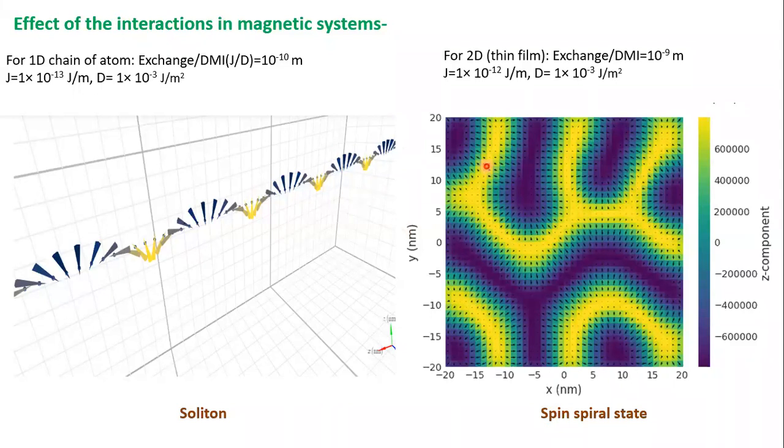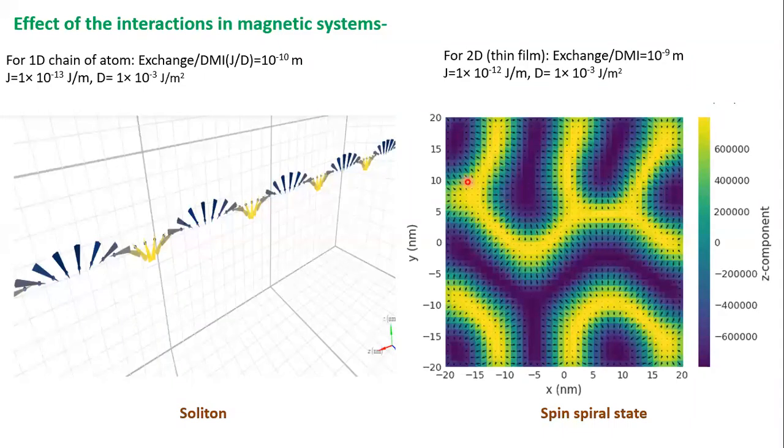Now you come to the 2D case. This is the 2D case of this one. Now if you move across any direction in the thin film, you will see that the magnetic moment vector will rotate around a particular axis in a disciplined order.